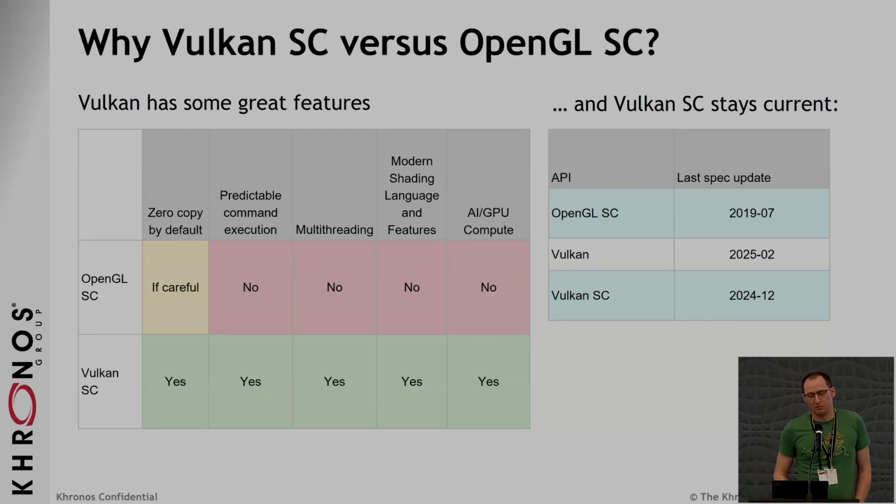Basically, if you write an application for this market, you should be targeting Vulkan SC as the future, unless you've got an existing code base targeted at OpenGL SC or ES, in which case it may make sense to stick with that. But apart from that, Vulkan SC is the future.